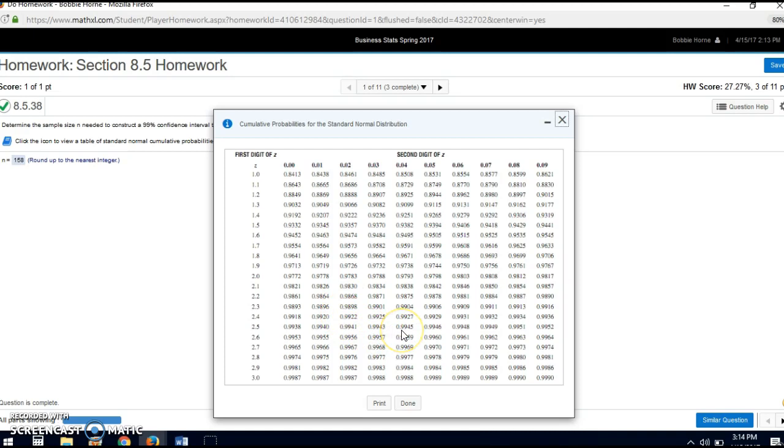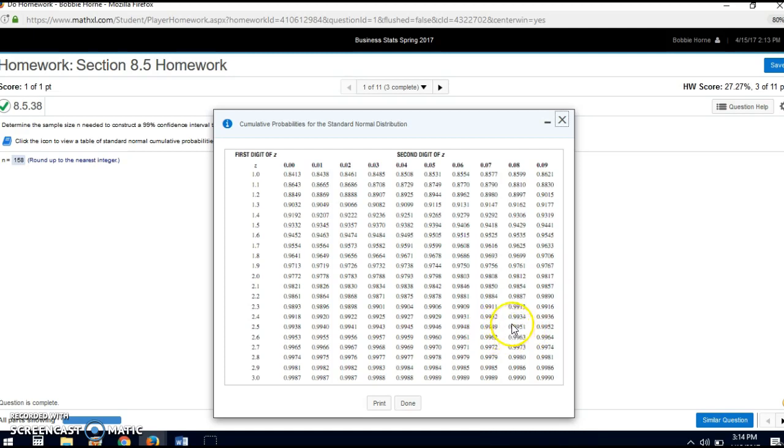But if you look down here, 1 minus 0.005 would give you 0.995. Well, let's see if we can get really close to that. 0.995 would be in between these two, because here's 0.9949, here's 0.9951.